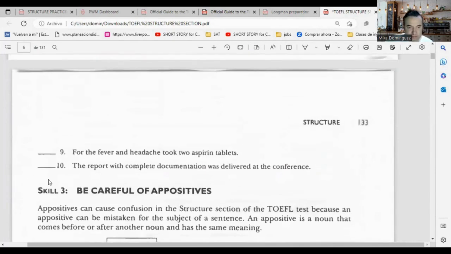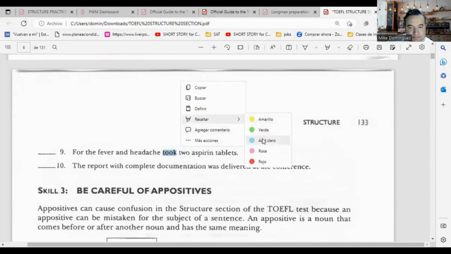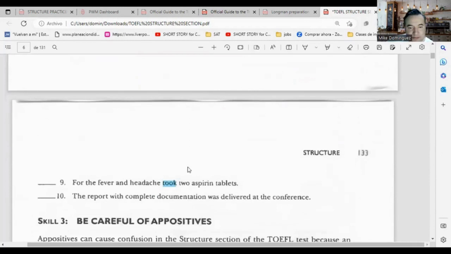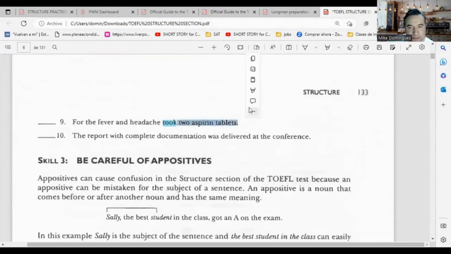For fever and headache, took 2 aspirin tablets. Took, the verb. Two aspirin tablets, green. And the remaining one, for fever and headache, is the subject.